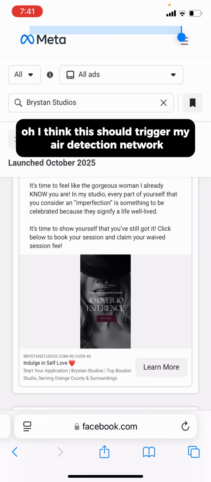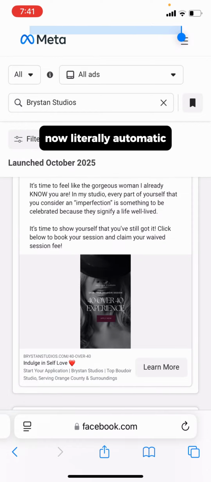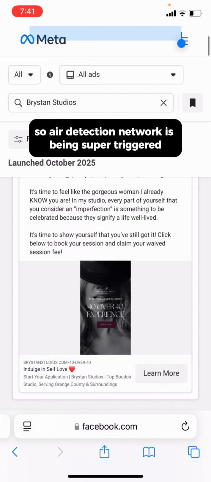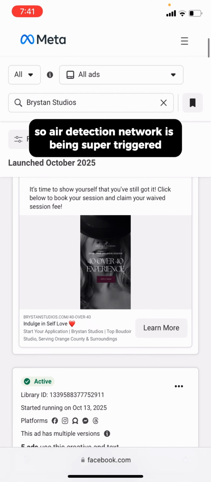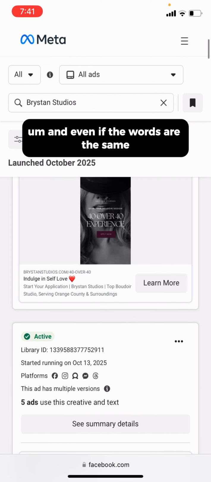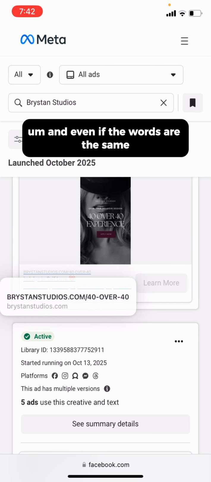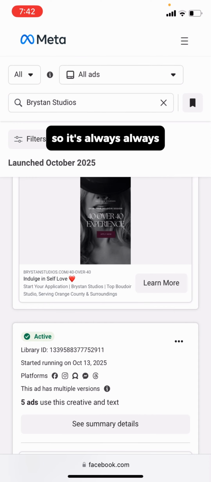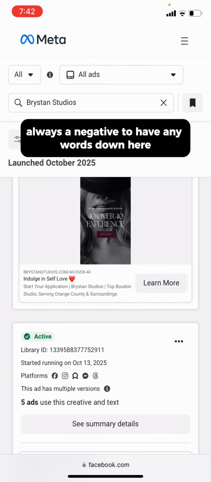Oh, I think this should trigger my error detection network now. It's literally automatic. People are in zombie mode scrolling. So the error detection network is being super triggered. And even if the words are the same, it literally doesn't matter, because it makes it look more like an ad. So it's always, always, always a negative to have any words down here.